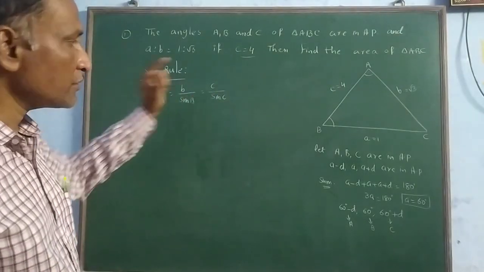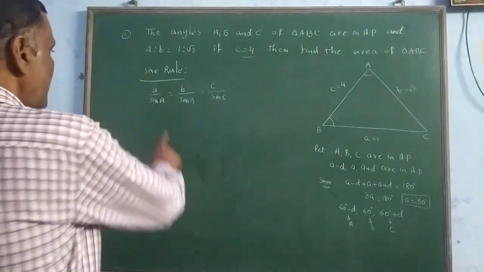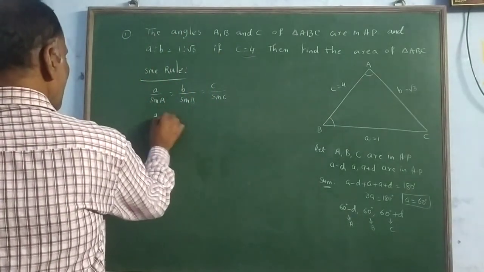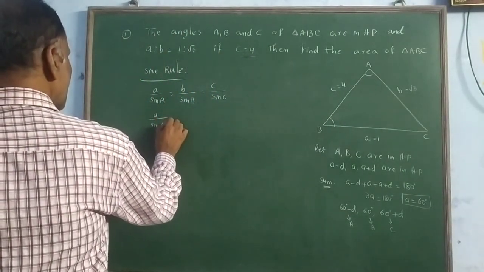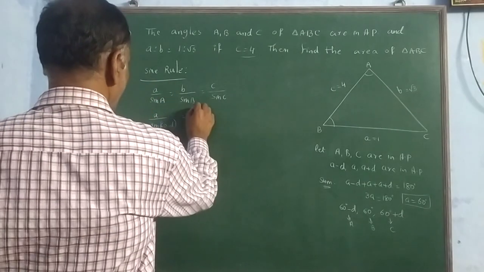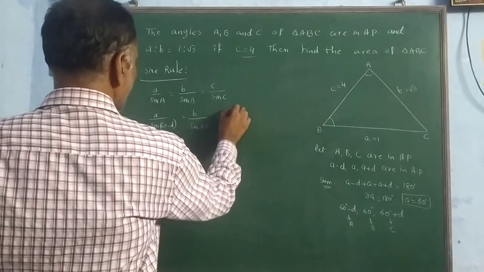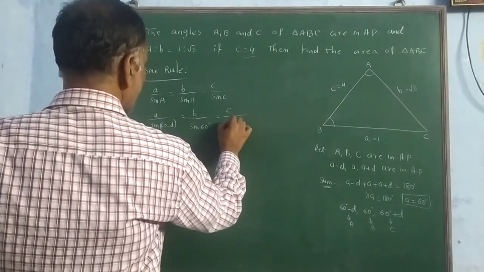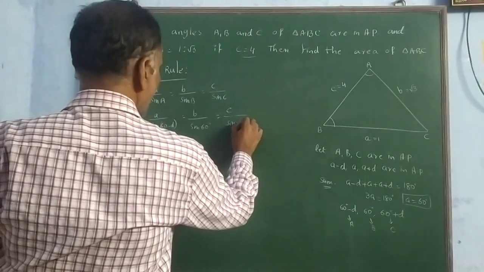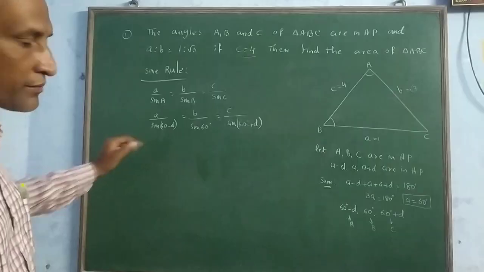We can write in the sine rule: a by sine A, where the angle A value is 60 minus D, so a by sine of 60 minus D; here b by sine 60; here c by sine of C, where C value is 60 plus D. It is clear, the points.